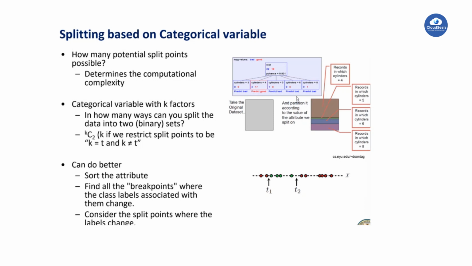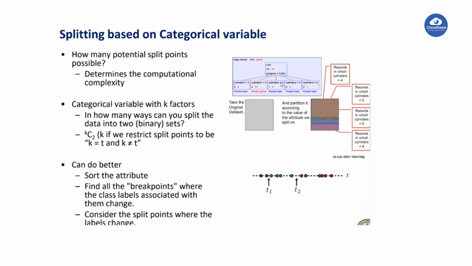Let's take 3 examples: cylinder 4, cylinder 6, cylinder 8. From 4, most of the data points are good, so we say good. From 6, most of the data points are bad, so we say bad. From 8 also, most of the data points are bad, so we predict bad.